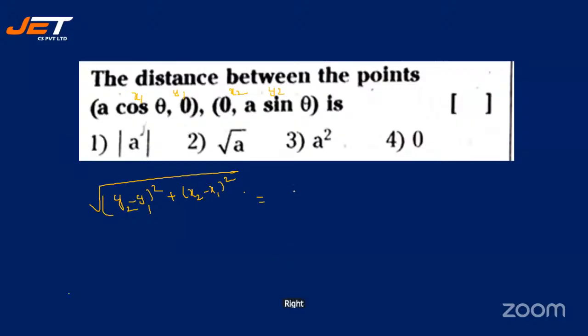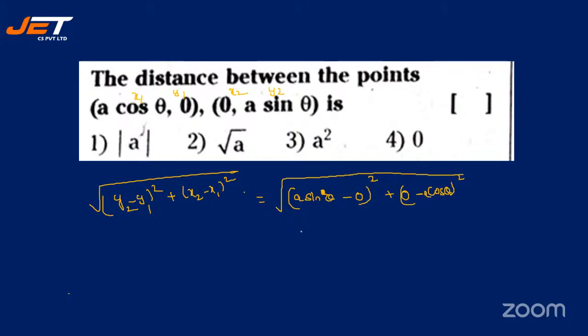So y2 means a sine theta, minus y1 is 0, the whole square, plus x2 is 0 minus x1 is a cos theta, the whole square.